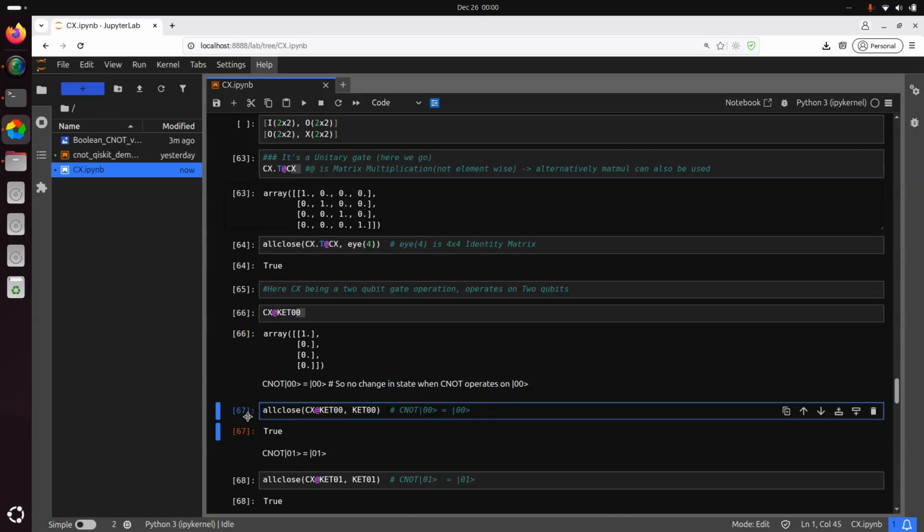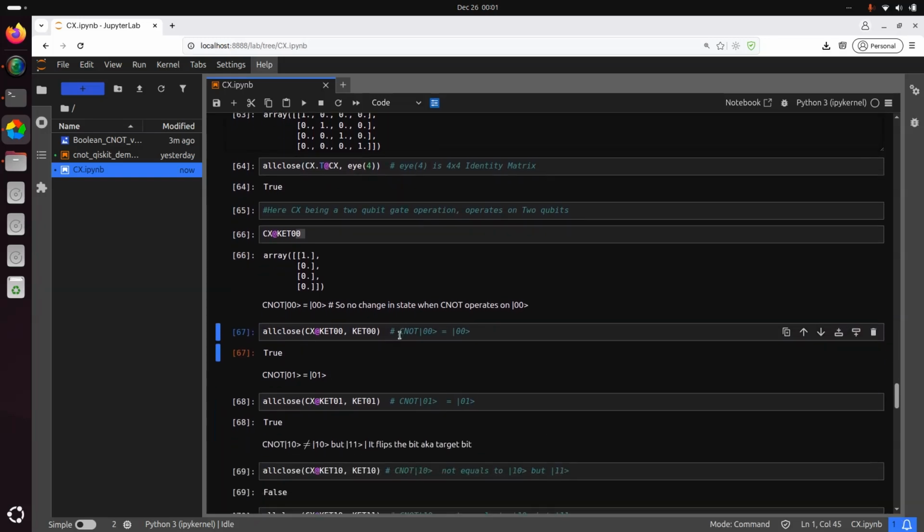And this is the validation. Again, when I do the CX operator on ket 0, 1, with the source qubit in the 0 state and the target qubit in the excited state, I'll end up with no change.